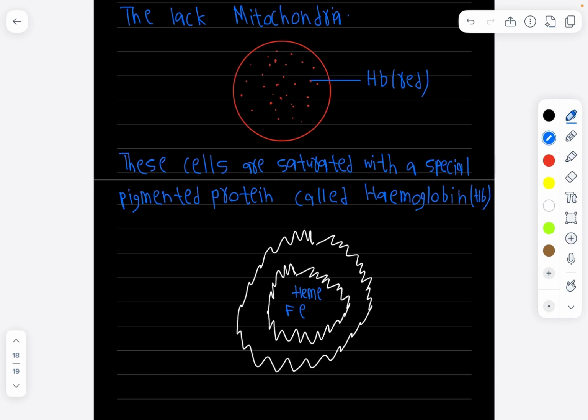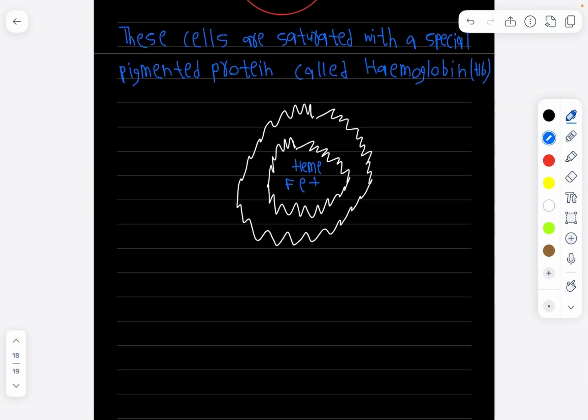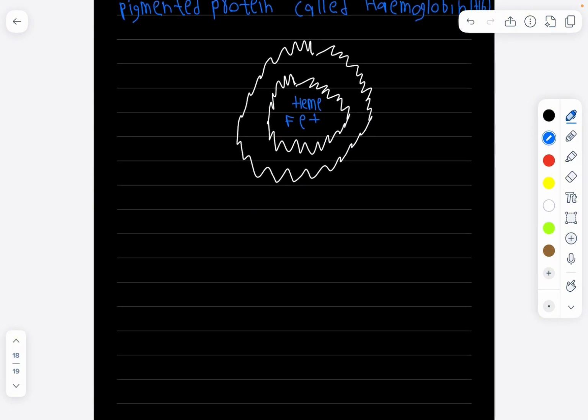Now, let's write a small equation. Hb plus oxygen. So you should all know that the red blood cell combines with oxygen, so the oxygen is delivered to our body, so it becomes oxyhemoglobin.